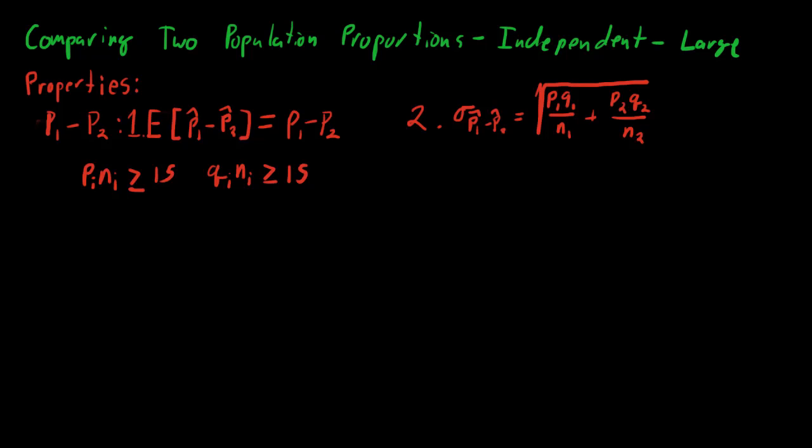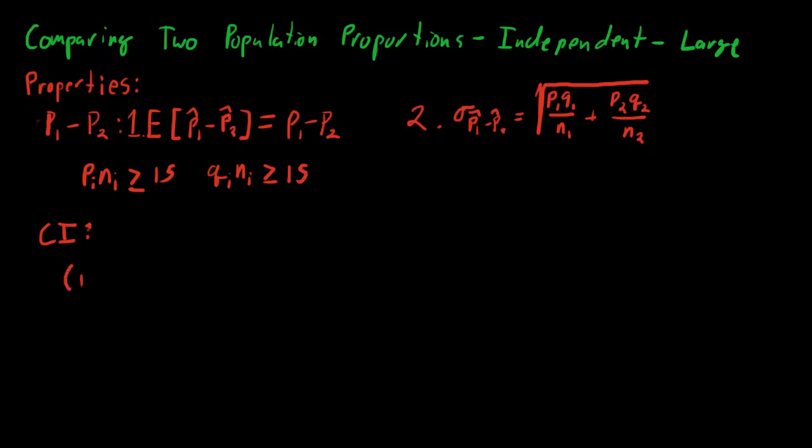Now we're going to cover how we can actually calculate confidence intervals for large sample proportions. Since we know this is normally distributed, our confidence interval shouldn't be too much of a surprise.